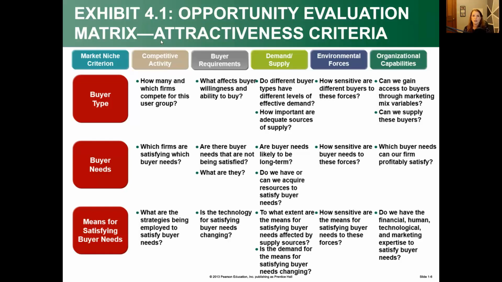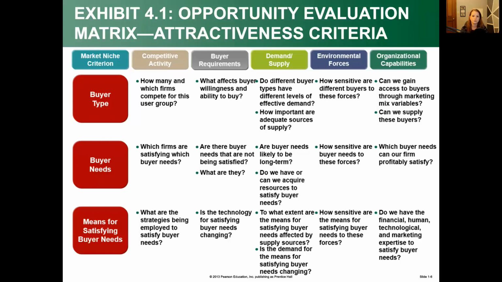Do we have the supply chain in place to create this product for this new type of buyer? Can we satisfy these different needs for our consumers, but can we do it in a way that's profitable? So, going back to the face mask example, looking at how the duration of this need can help us understand if we can actually be profitable within this opportunity.